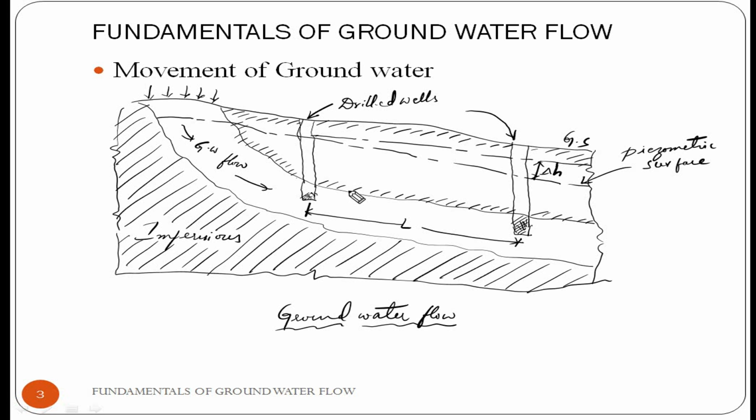So now let us consider there are two wells drilled at a distance of L. This is the ground surface and this is the piezometric surface or hydraulic gradient line, which can also be written as T is equal to K into B.